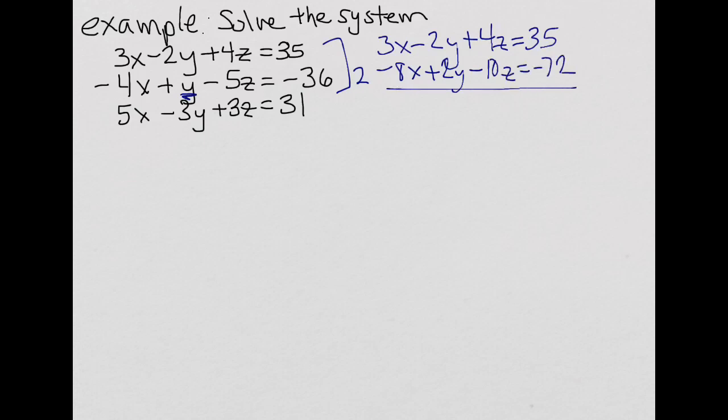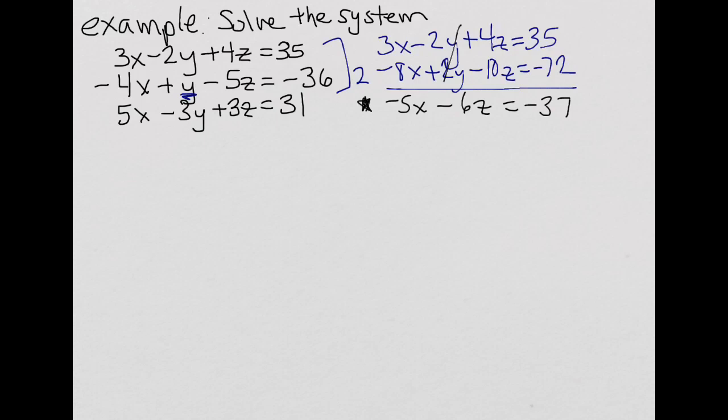Okay, and when we add those equations together, we will get negative 5x, y's cancel, minus 6z is equal to negative 37. Okay, now this is going to be one of my equations that I'm going to use for the little sub-problem within this problem.